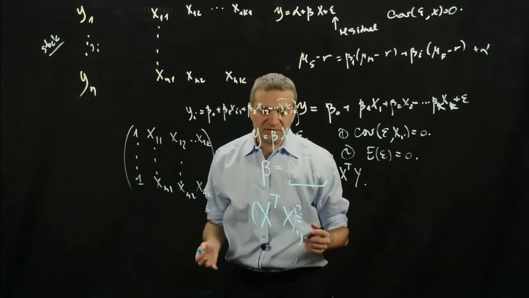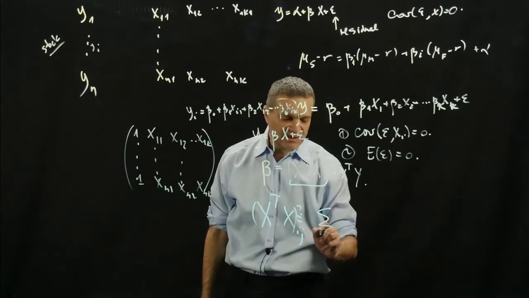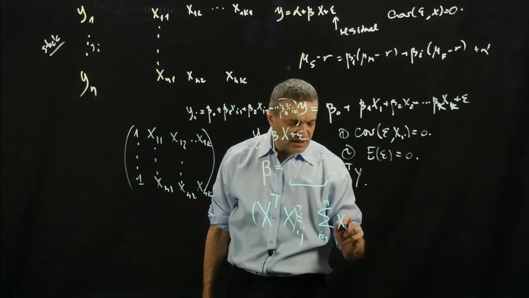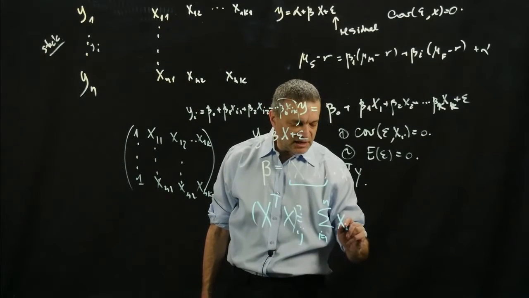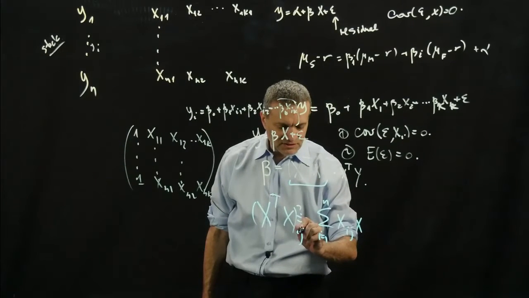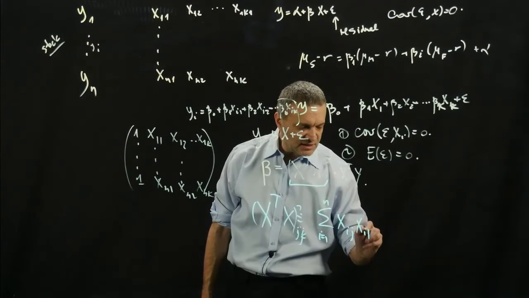For example, the general formula is going to be basically i goes from 1 to n, x, i, j, and then x, let's say this is going to be j, this is k, x, i, k, right?